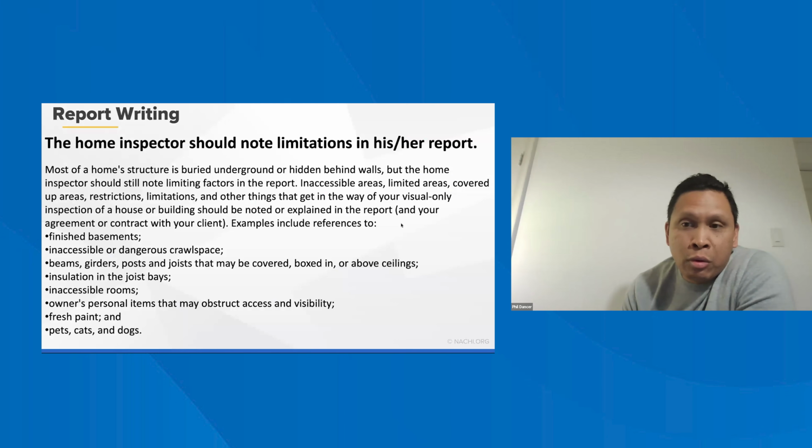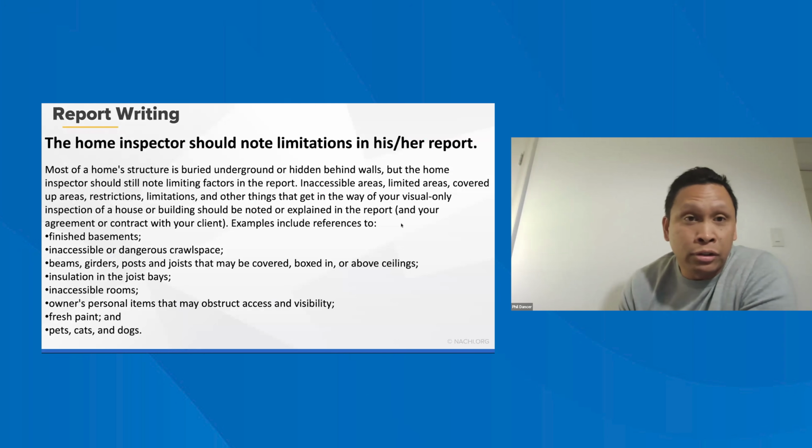So remember, when you are writing your report, make sure that you are mentioning that we are general home inspectors. This exercise today was meant to give you a general idea as to the condition of the home. It's impossible for us to note every single condition that exists or that may exist in the home.